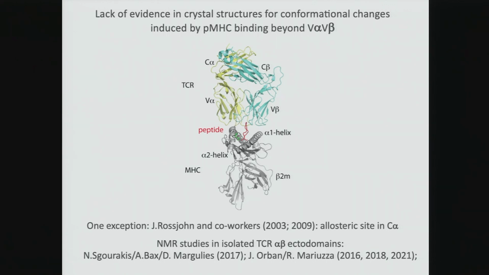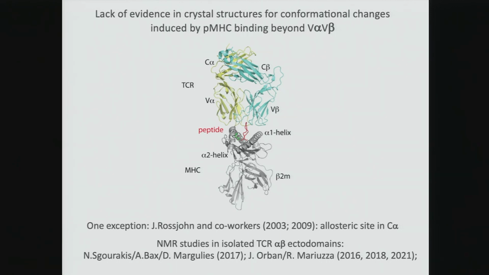Okay, and you can make correlations. This is very, very powerful, and that's the best way to look at conformation, at allosteric mechanisms. Unfortunately, you cannot do it with large proteins. But what they concluded was that there were allosteric sites present in the constant region upon binding. In other words, you bind and you see something happening at a distance.